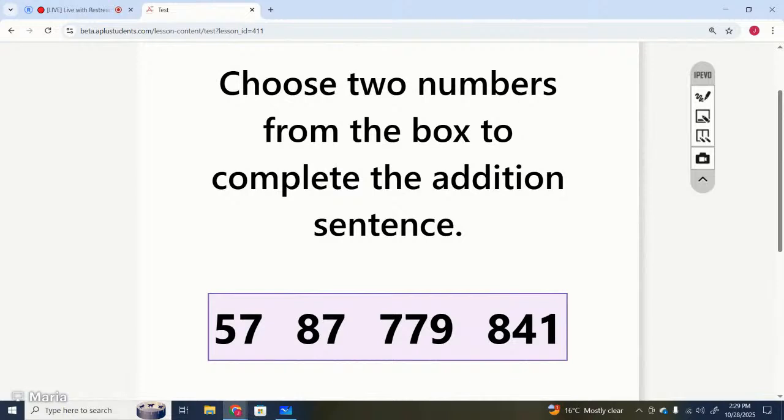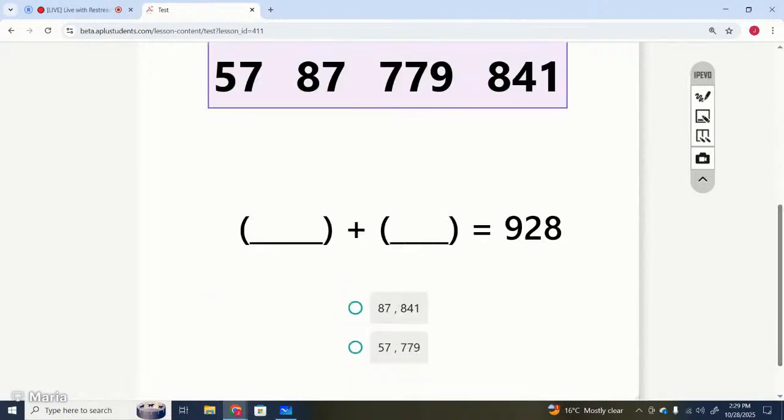Choose two numbers from the box to complete the addition sentence. Which two numbers have the sum 9?